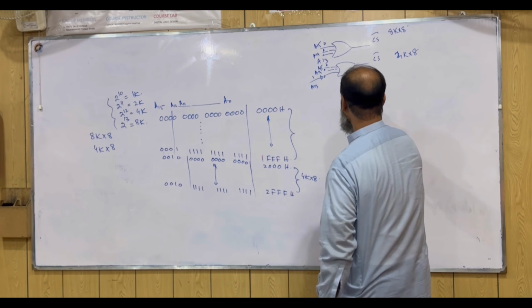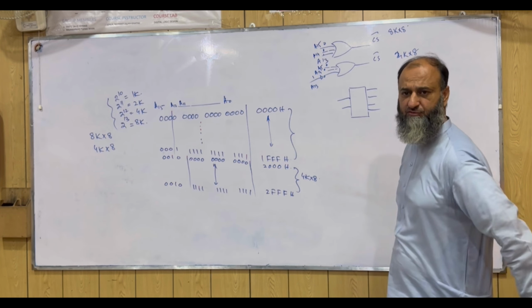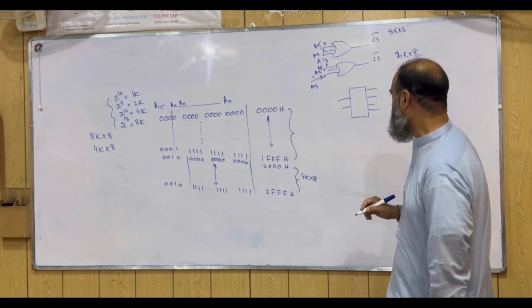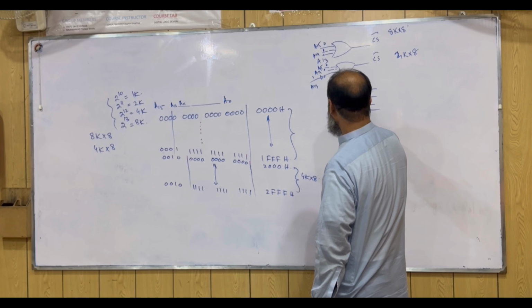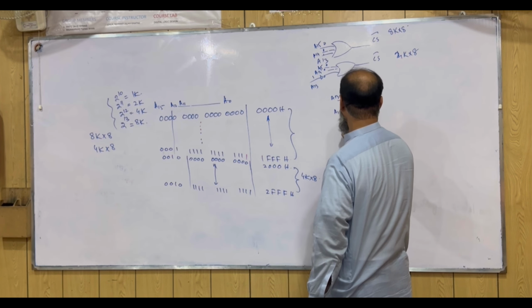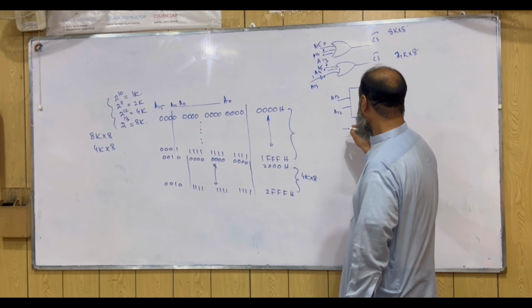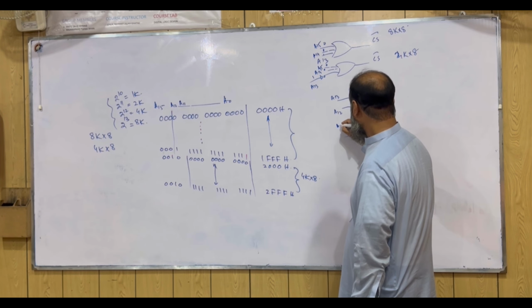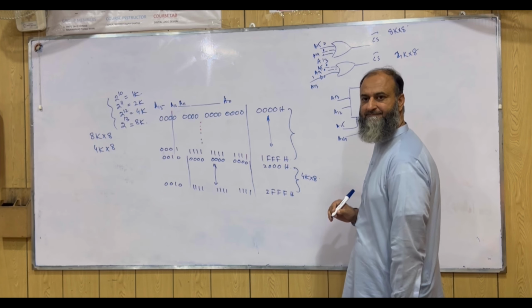Let's suppose I'm going to use a 2x4 decoder, with A14 and A15 as the enabling inputs.